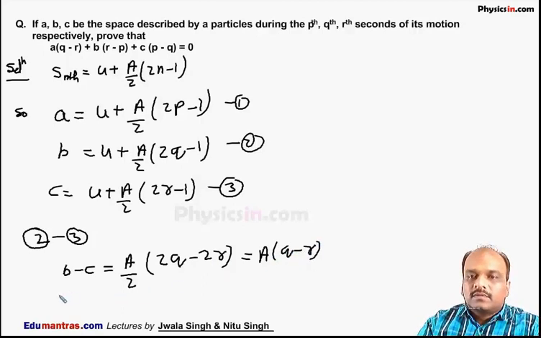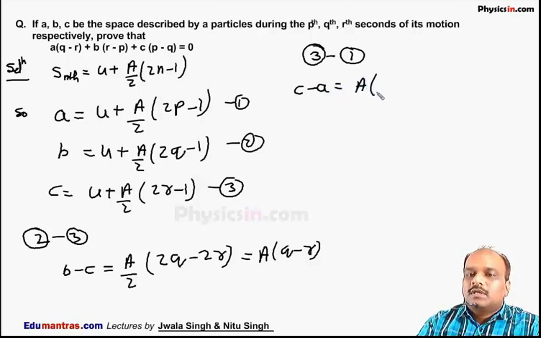In the same way, if I subtract third minus first, we get C minus A is equal to a into r minus p.